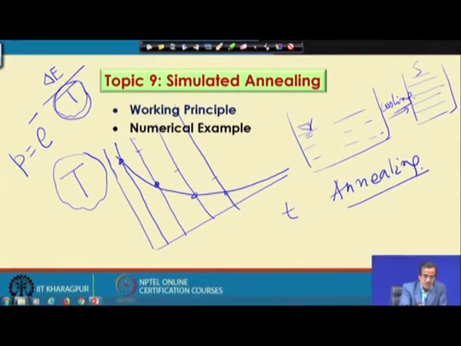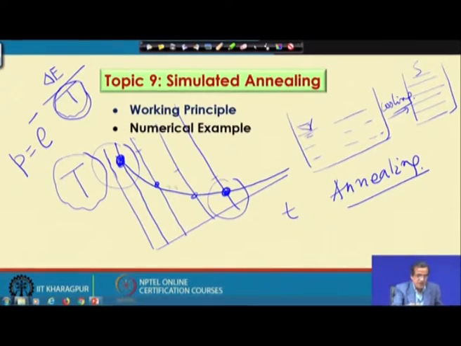Here the probability of selecting a bad solution will be more, and as the temperature decreases the probability of selecting a bad solution will be less. Using this principle, initially we can accommodate a few bad solutions, but the probability of accommodating a bad solution will be less as the iteration proceeds.